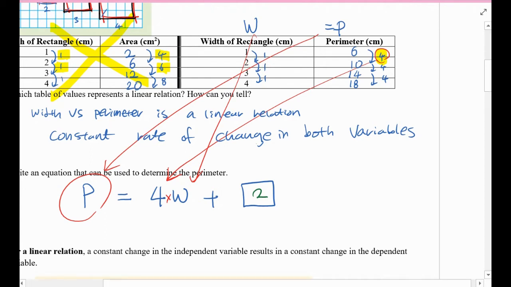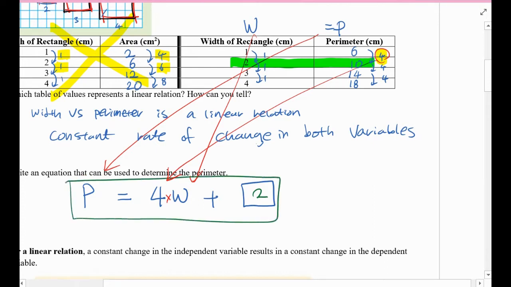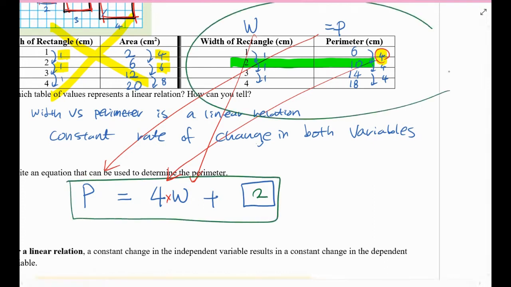So if you look at the second line, when width is 2, the perimeter should be 10. Let's see if it works. Plug 2 into W. Then 4 times 2 is 8 plus 2. Then 8 plus 2 is 10. So this equation actually works, right? So here, this is the equation for this linear relation.